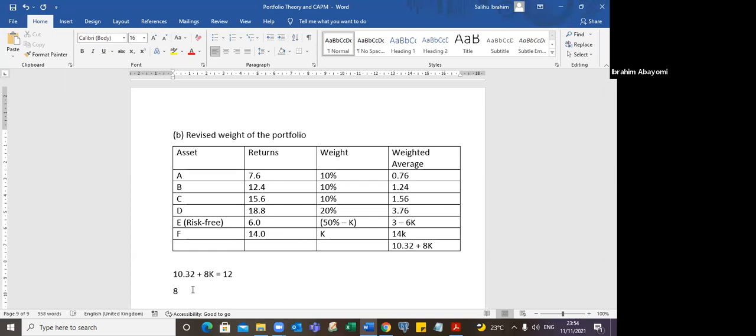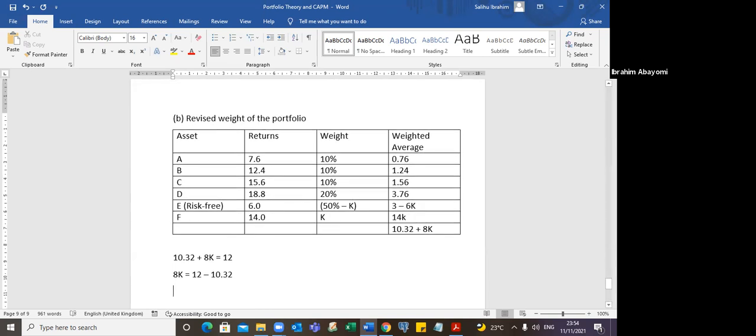I will collect like terms. I will have 8K is equal to 12 minus 10.32, which is 1.68.